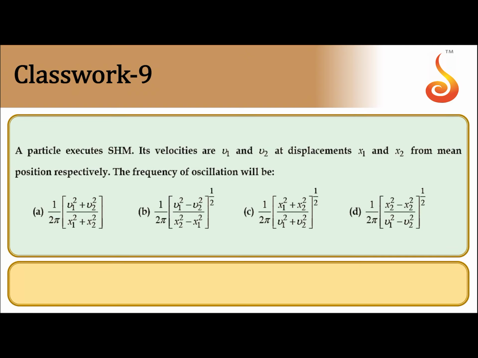Next one. A particle executes SHM. Its velocities are v1 and v2 at displacements x1 and x2 from mean position respectively. The frequency of oscillation is, okay, v1 x1, v2 x2 from the mean position.